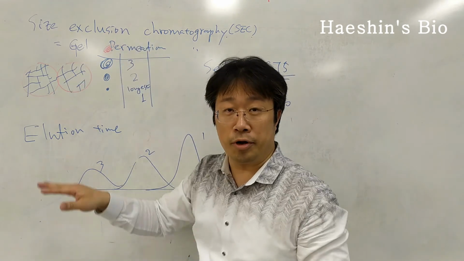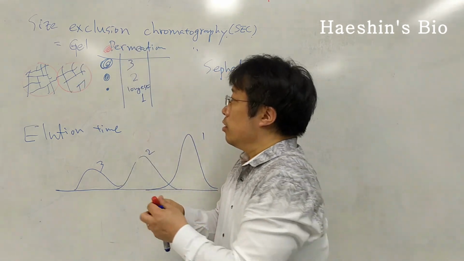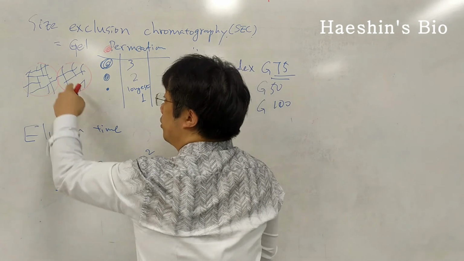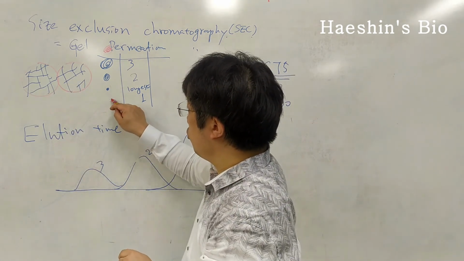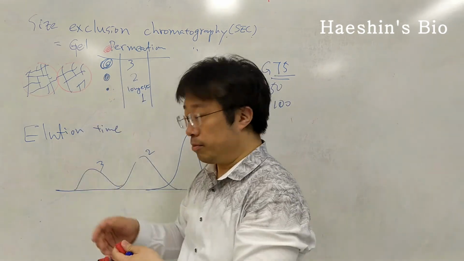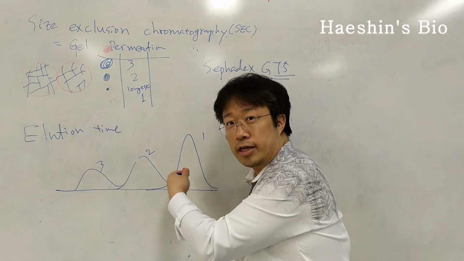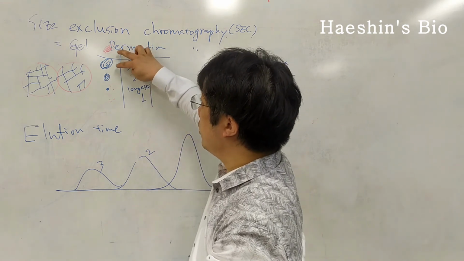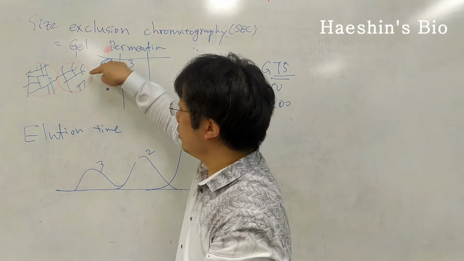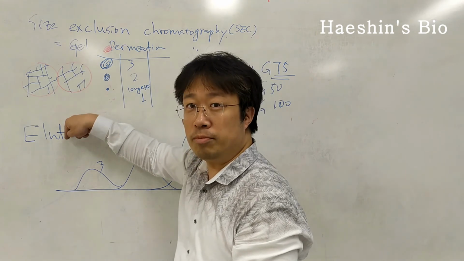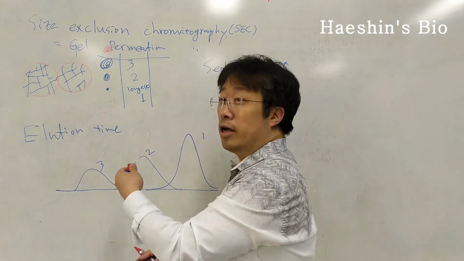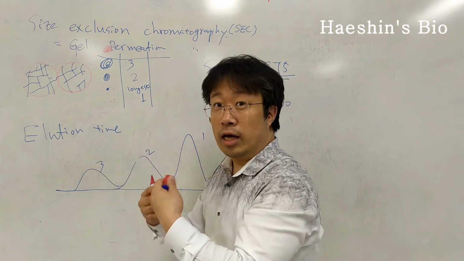You can separate them because if the pore is bigger, then these smaller things always travel through, and they can make a very nice resolution. But if the pore is small like this, then this cannot go into the bead, so they have to always travel between the beads, so the travel time is much faster.